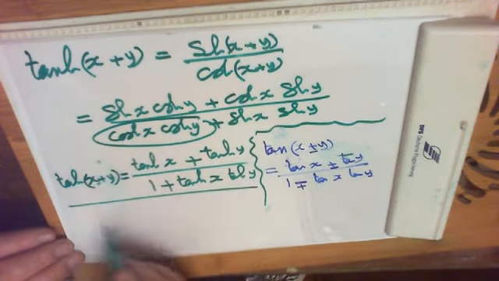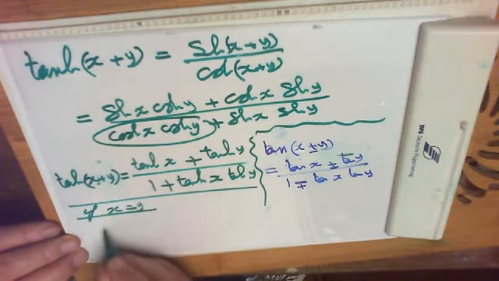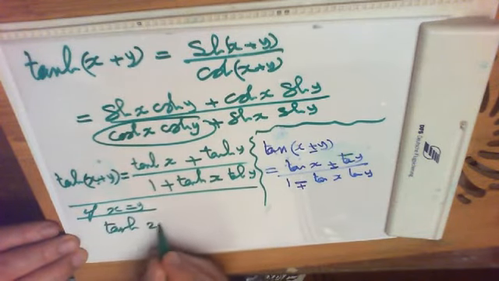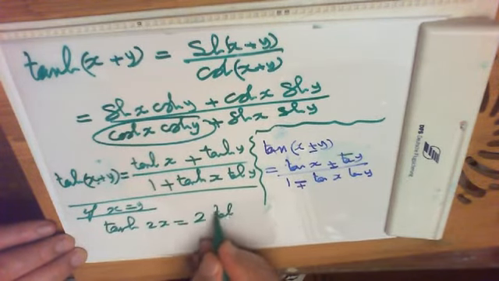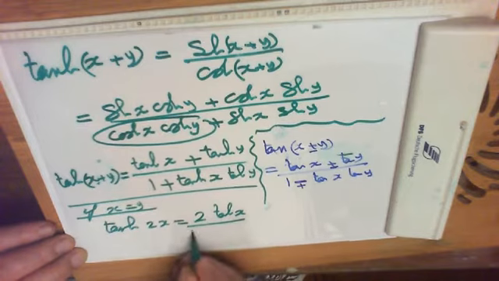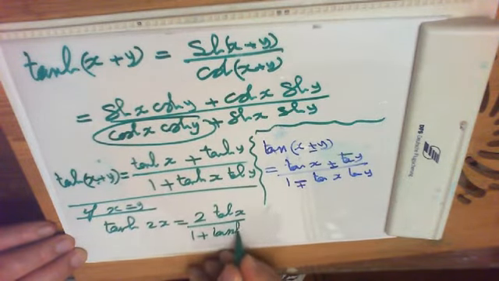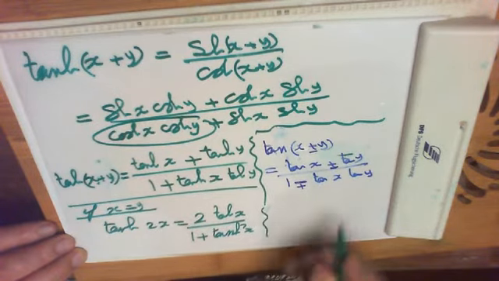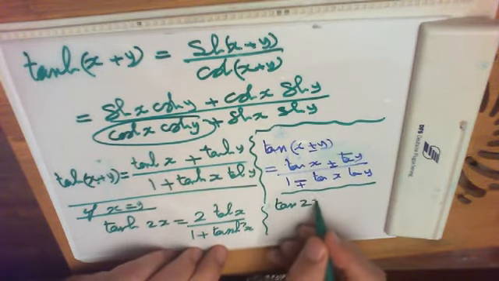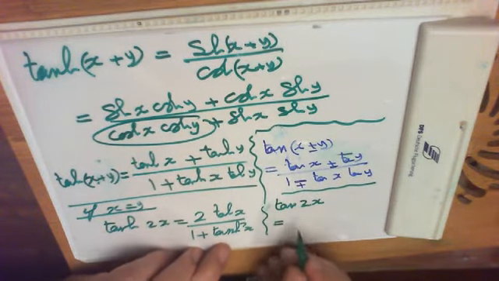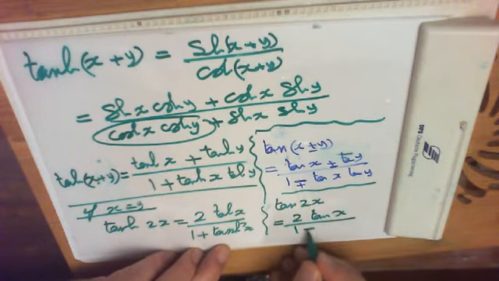Now we'll have tan 2x equals tan x plus tan x, which is 2 tan x divided by 1 plus tan x times tan x, which is tan squared x. While in trigonometry, tan 2x equals 2 tan x, yes, but divided by 1 minus tan squared x.